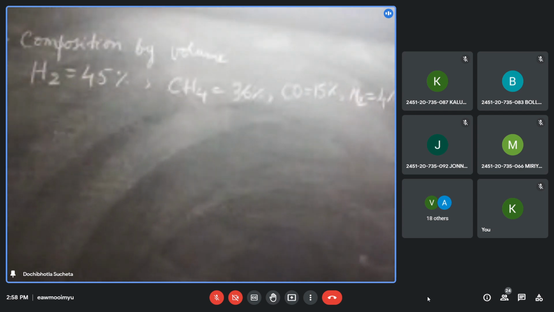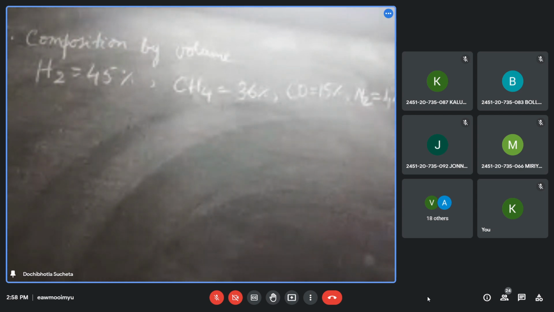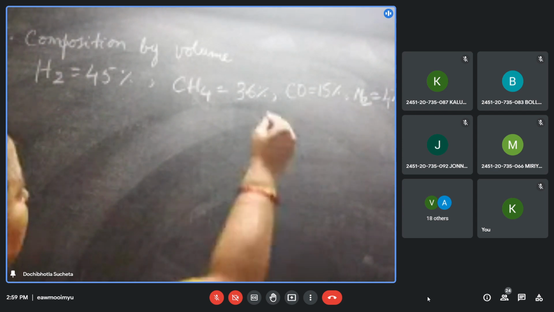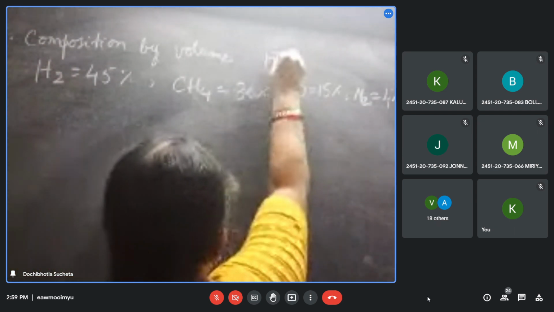Find the volume of air required for complete combustion of 1 meter cube of the gas.